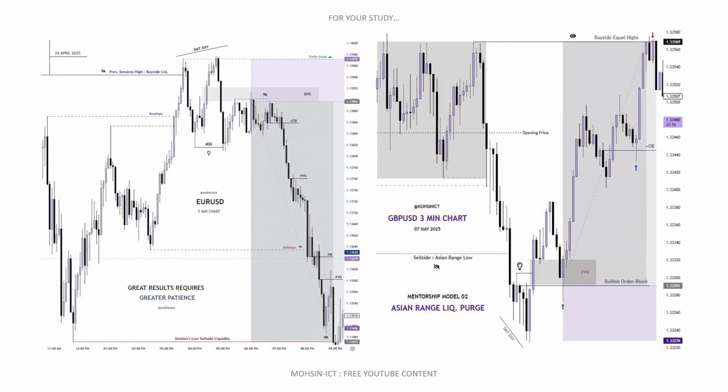Now these trades are for your own study. I want you to pause the video, take a screenshot, and then study them from the very first step, liquidity, to the very last step, which is entry. You will go from left to right or right to left, whatever. You're going to follow all the steps and study them. And if you are really passionate, you're going to go inside your own chart and mark them out as well.